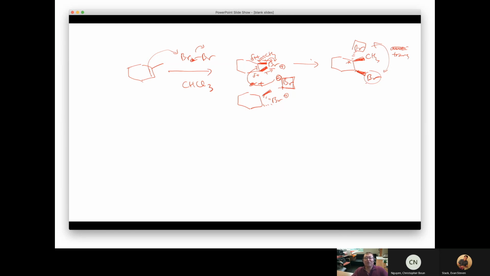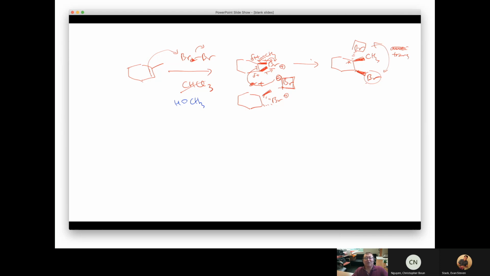But what if you do this reaction not in the non-nucleophilic solvent? What if you do this reaction in a nucleophilic solvent, something like alcohol? Let's say I put alcohol there.